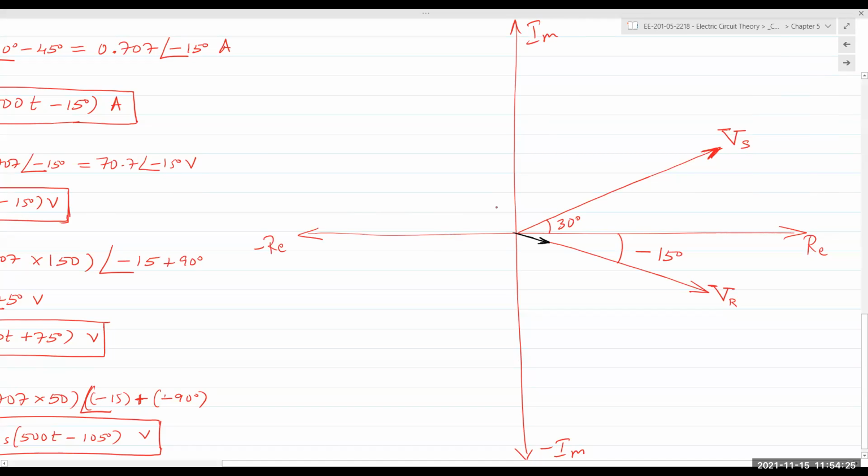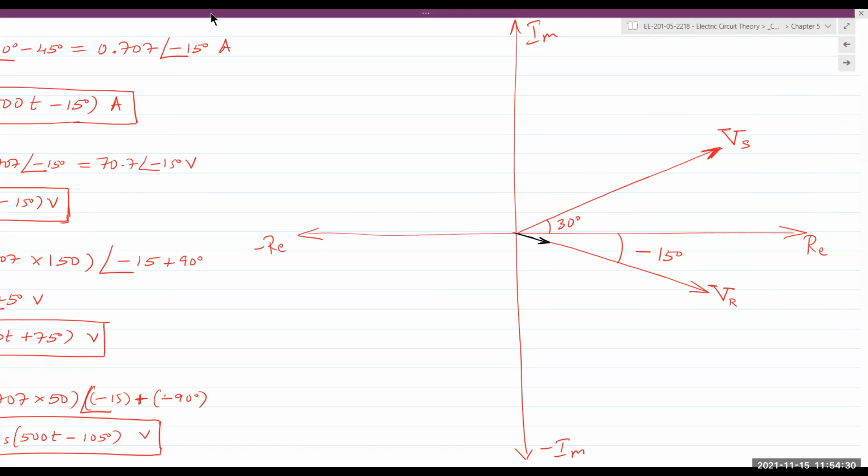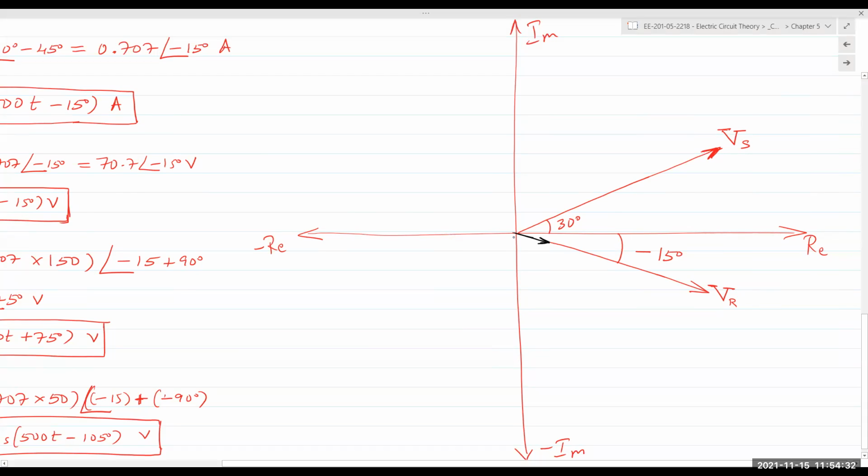But if we just take minus 105, it is going to be here. So minus 105 with relation to the real axis. And this is VC, right? 105 and 15, 90 degrees between the current and the voltage.